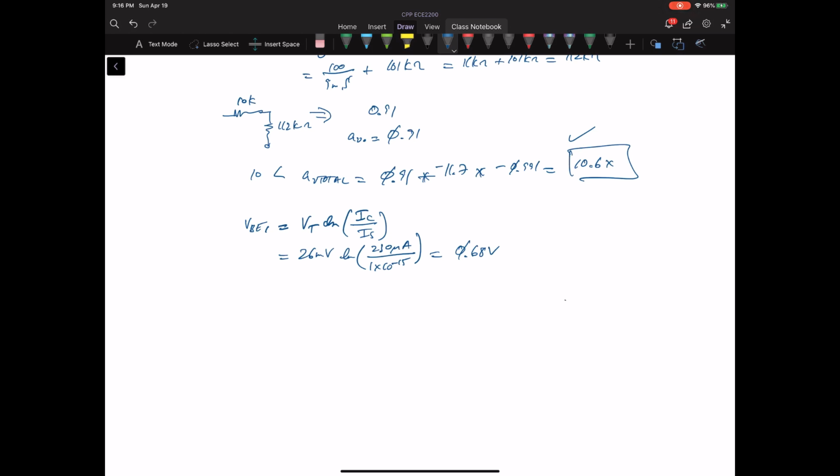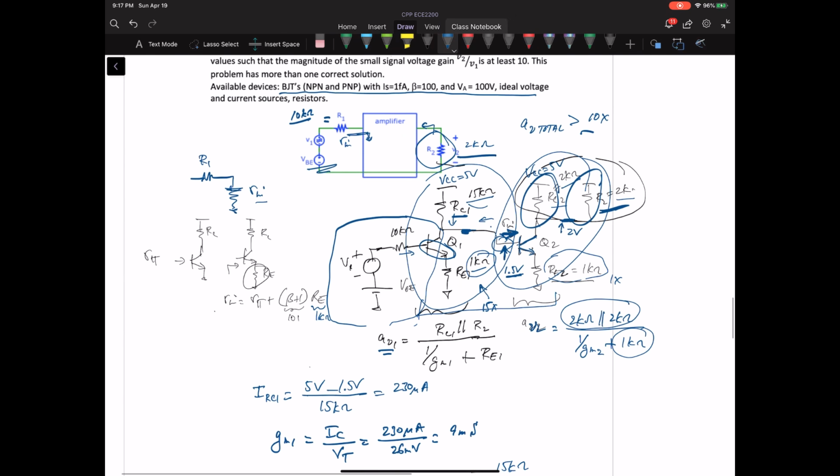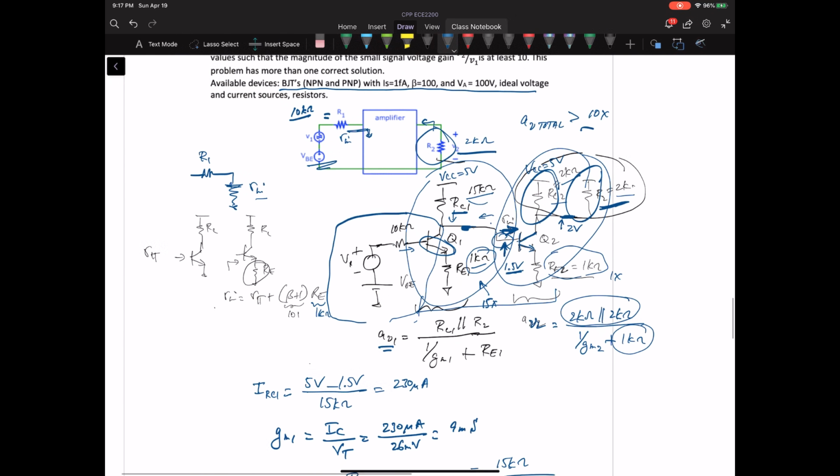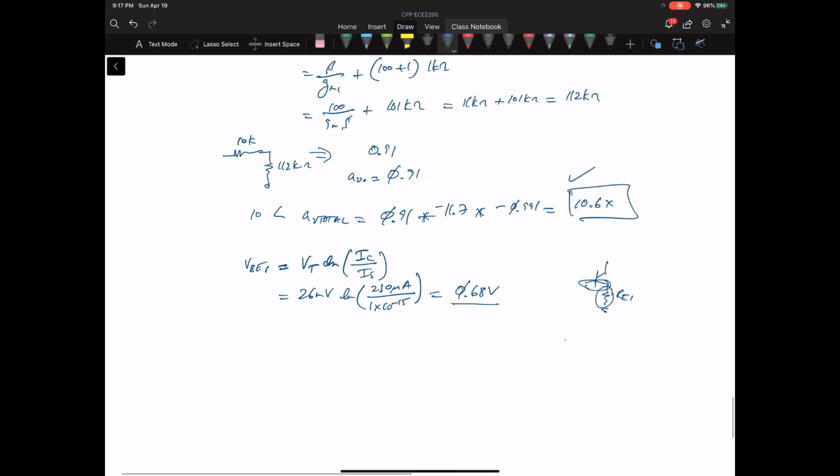So that's VBE1. I need to add that to RE1. We need to get the voltage across that. The resistance is 1 k ohm, and the collector current is 230 microamps.